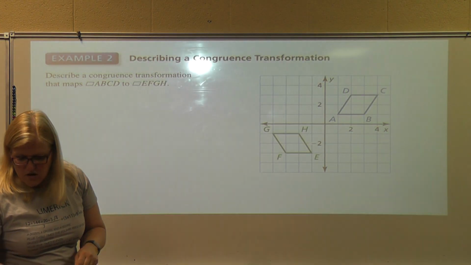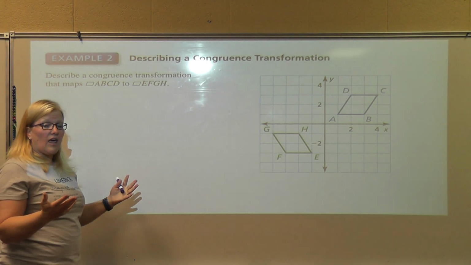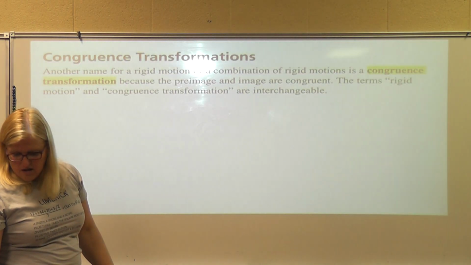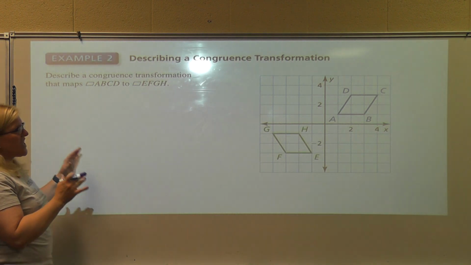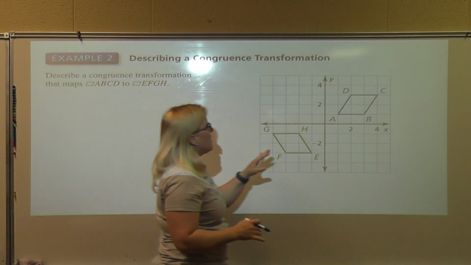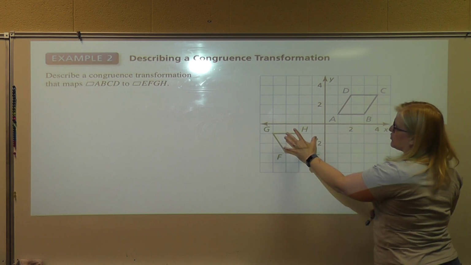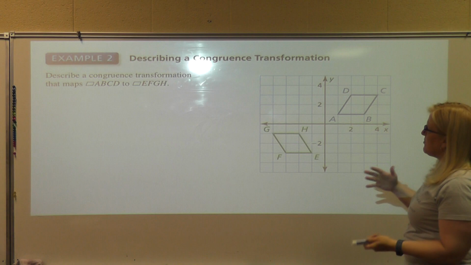Okay, so describing a congruence transformation, or describing a rigid motion. So what is it that's happening here? How is ABCD mapping to EFGH? Well, we've got a couple of options.